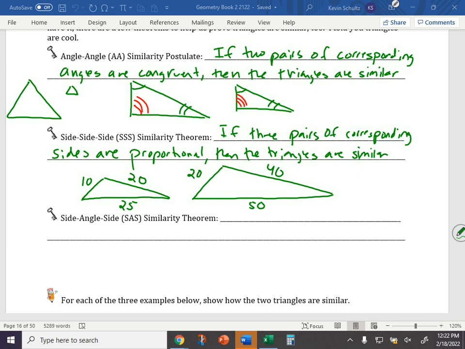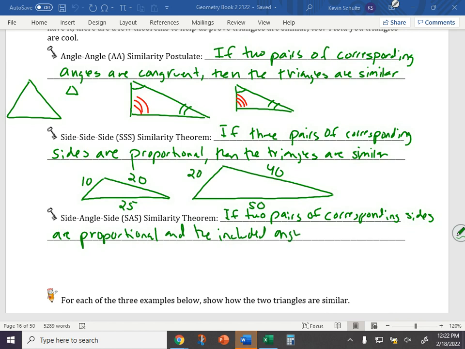So the side-angle-side similarity theorem says that if two pairs of corresponding sides are proportional, almost like congruent there, are proportional, and the included angle is congruent, then the triangles are similar.